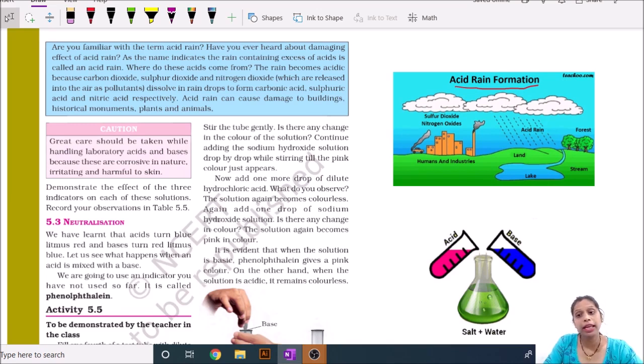Okay, then how is rain transformed into acid?